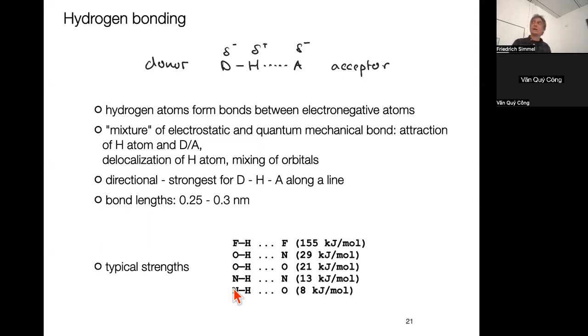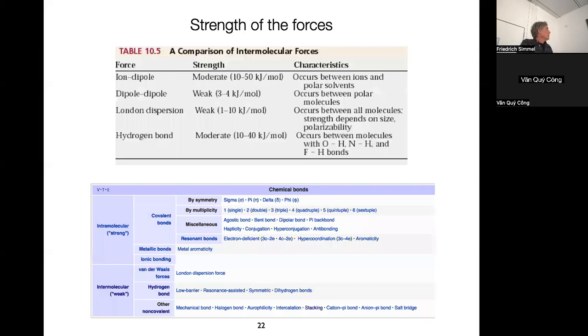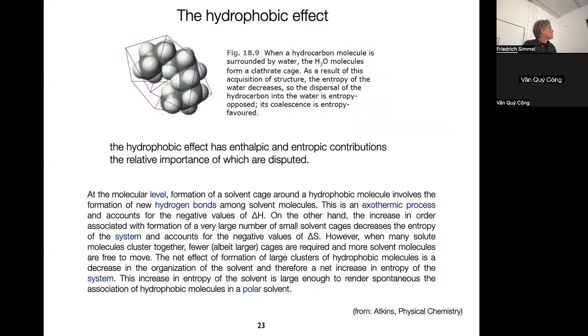And now you can maybe remember how much energy we have in the thermal energy. That was about 2.5 kilojoules per mole. So this is on the order of a few, maybe up to 10 kT in energy for such a bond. Yeah, so I'm skipping this.